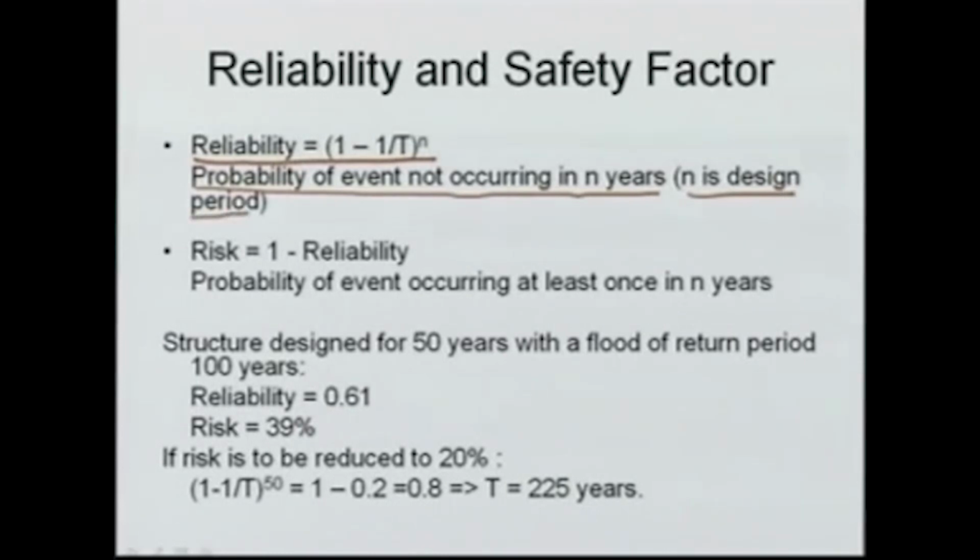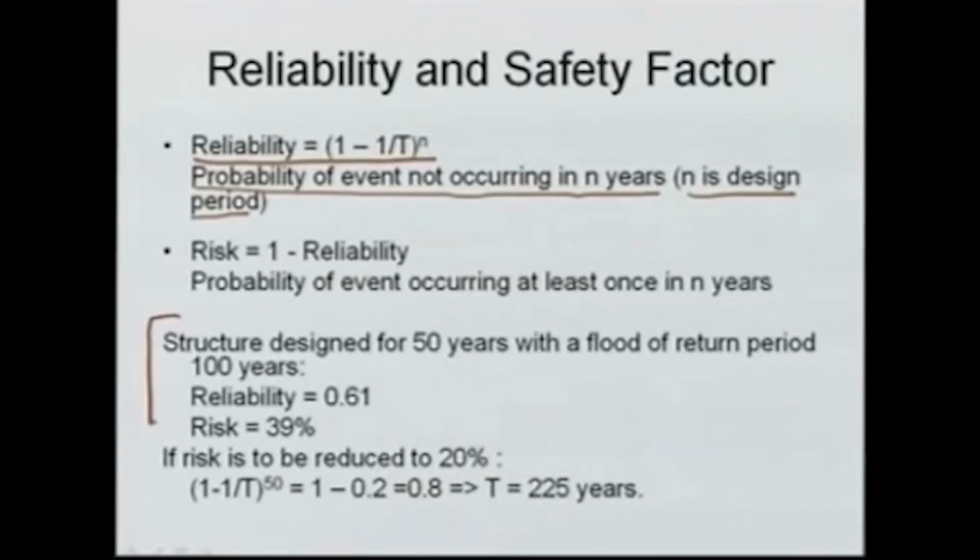So, we have designed a structure for, let us say, a 100-year flood and the useful life or the design life of the structure is 50 years. What will be its reliability? In this case we can find out 1 by T is the probability of the event occurring, so 1 minus 1 by T will be the probability of the event not occurring in 1 year, and to the power n will give us the probability of the event not occurring in n consecutive years.